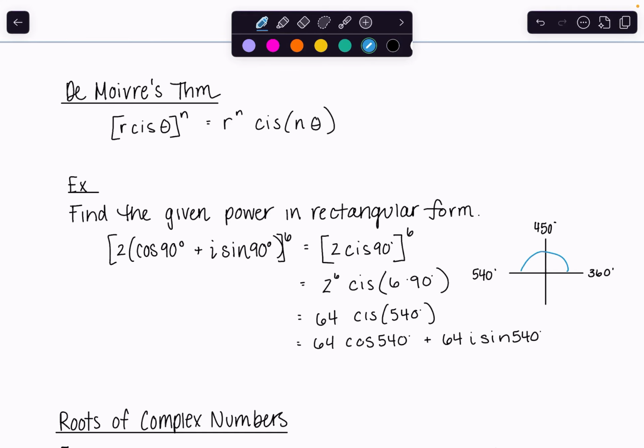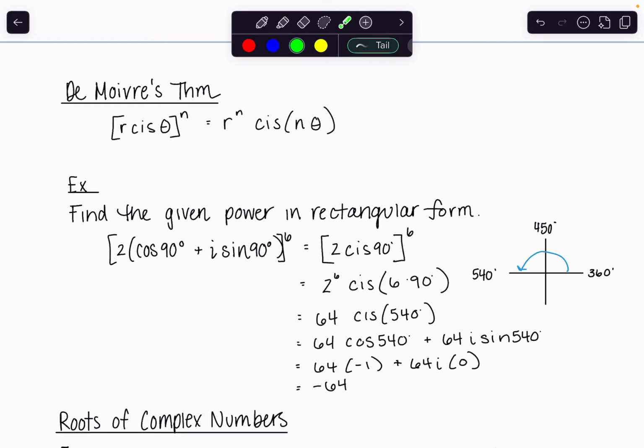It's a multiple of 90, but it lands on the negative side of the x-axis. So cosine of that angle is going to be -1, and sine of that angle is 0. So it ends up being that when I take this complex number and raise it to the 6th power, because initially i sine of 90 means you have a purely imaginary number, it gives you something that is real, okay?